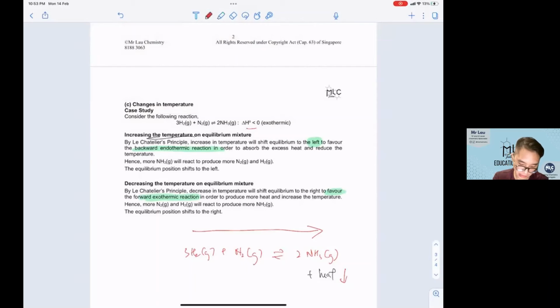If you increase the temperature, it will shift equilibrium to the left, therefore Kc will decrease. Increasing the temperature will decrease your Kc because your equilibrium is shifting to the left. Similarly, decreasing temperature will cause your Kc to increase.